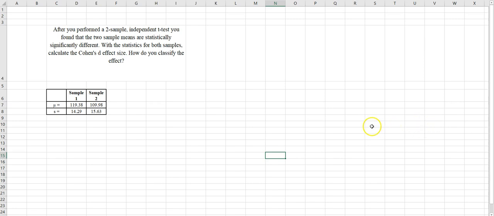Now in this example, we want to calculate the effect size, which is also given by Cohen's d, because sometimes we find out that we have a statistically significant effect.